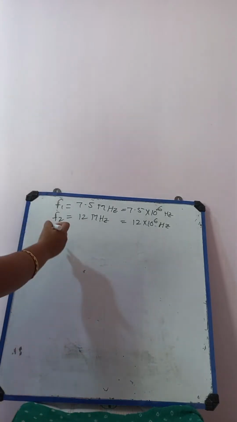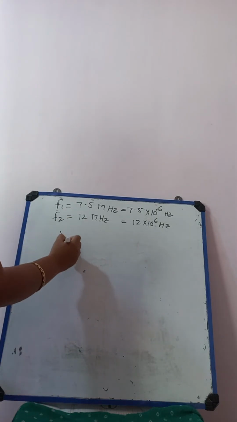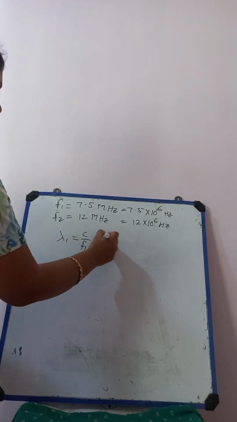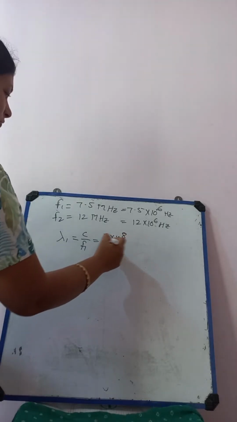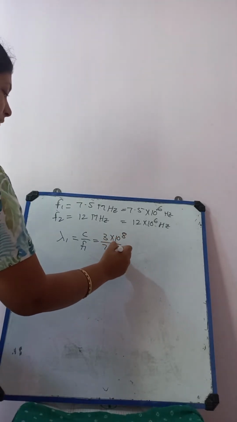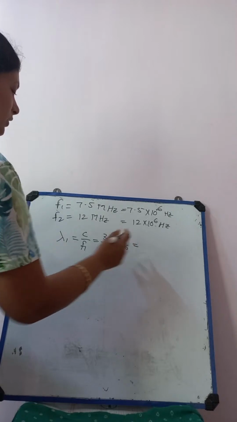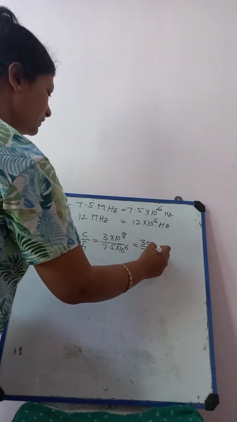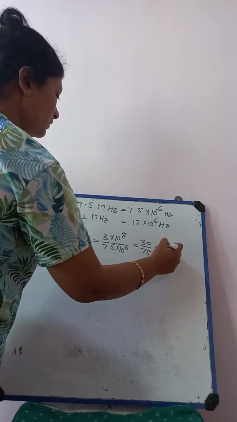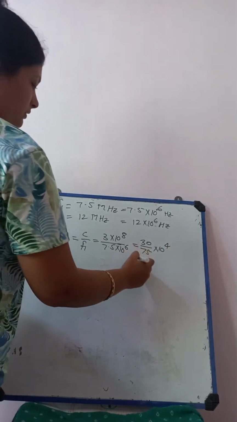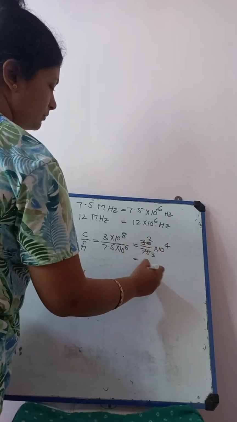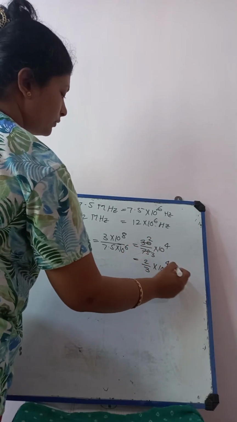Here we want to calculate the wavelength, so we can directly write lambda is equal to C upon F1. C is 3 into 10 raised to 8 and F is 7.5 into 10 raised to 6. Removing the decimal, this will come 30 by 75 into 10 raised to 4, that is 2 by 3 into 10 raised to 4 meter.